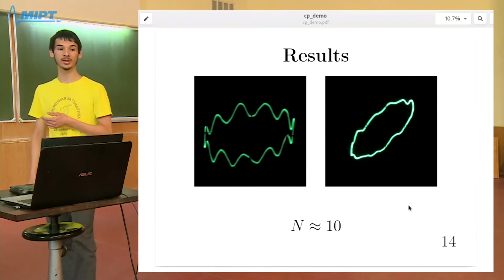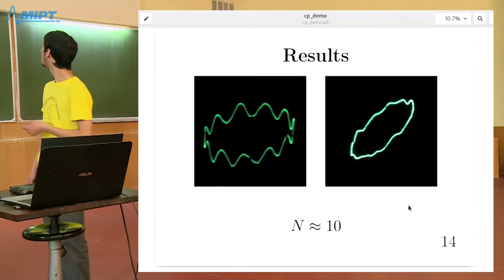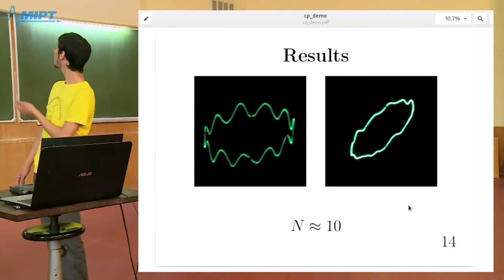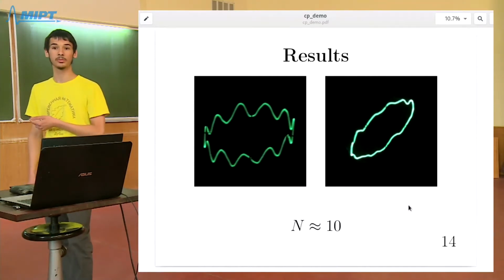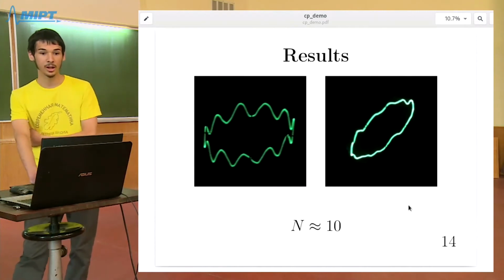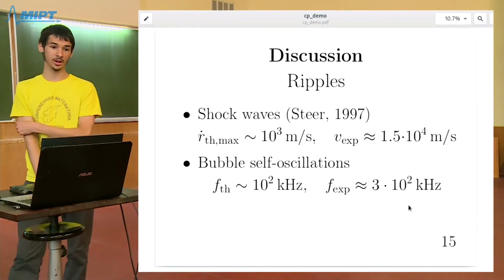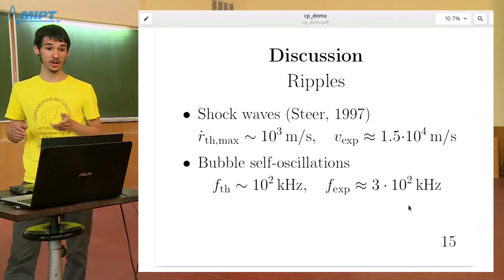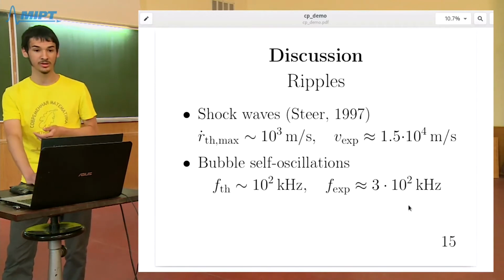So we think that these ripples are connected with the appearance and motion of the bubble. It can be seen that they can be nearly pure sine, or just some oscillations. The number is around 10. A shock wave explanation of this phenomenon was proposed by Stier. We also proposed that it can be bubble self-oscillation seen on the graph.